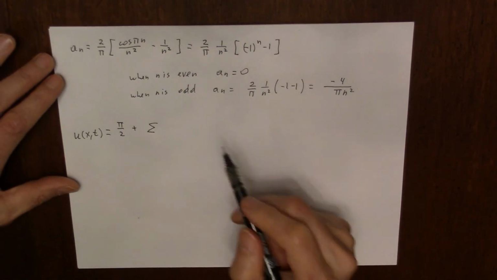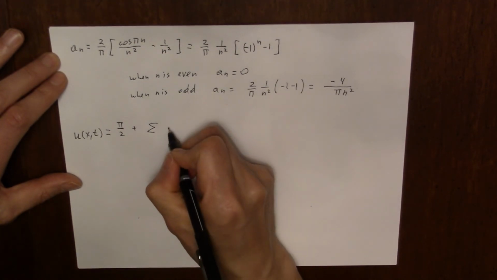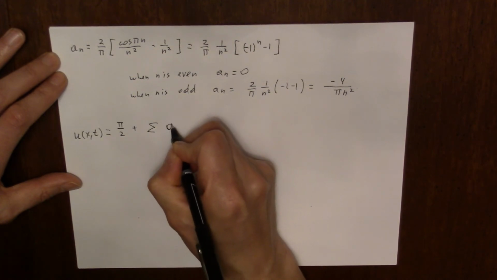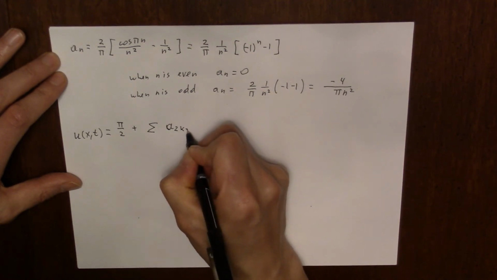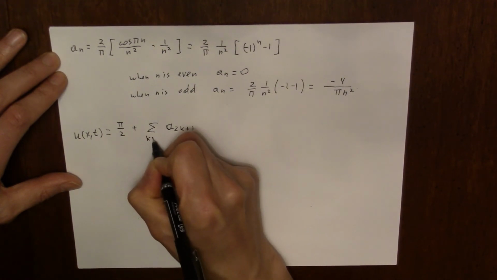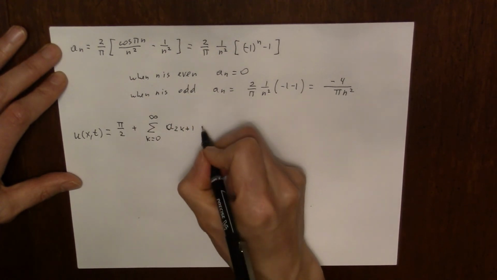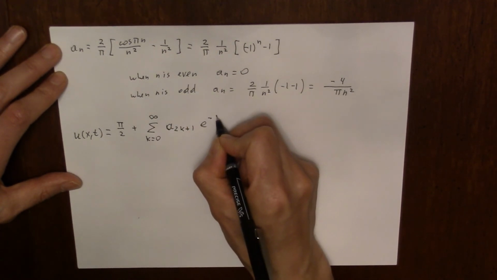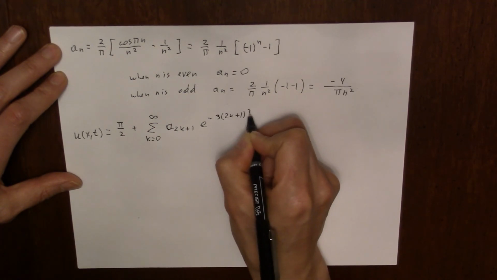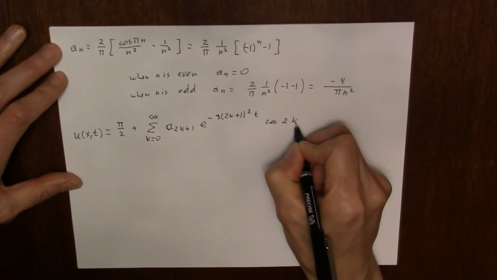Here I want to go by odd n only, so I will be going by a_{2k+1}, and I want to start from k equals 0 and go to infinity, and we're going to get e to the negative 3 times (2k+1) squared t, cosine of (2k+1) x.